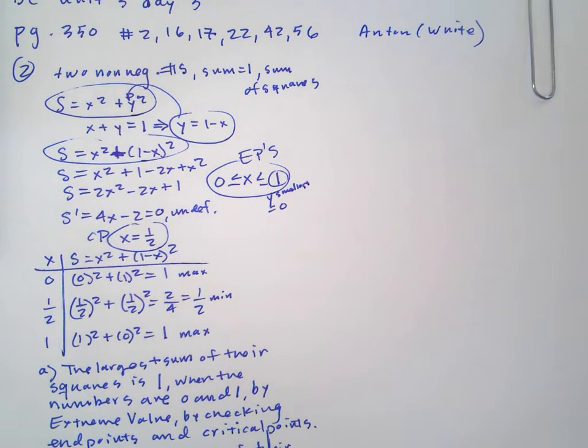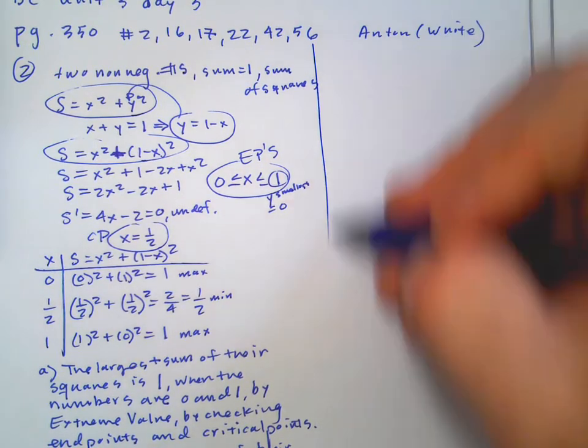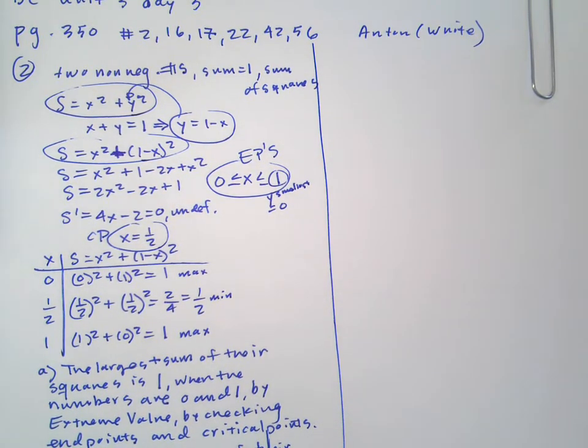So this is the work I want to see. This is the way I want you to write your answers, justification I want. There you go. So that's problem number 2.